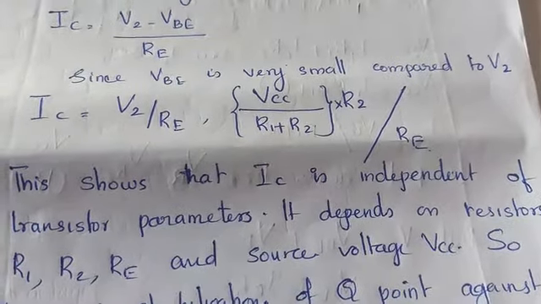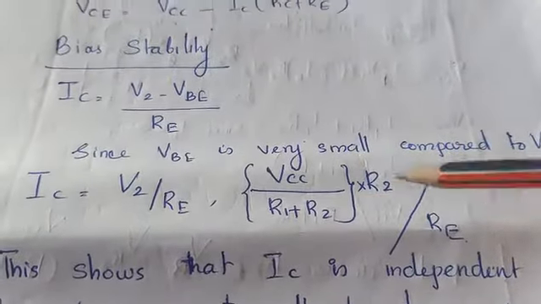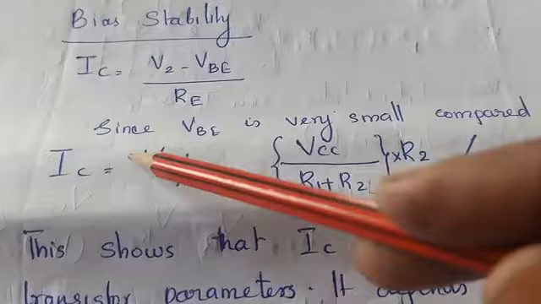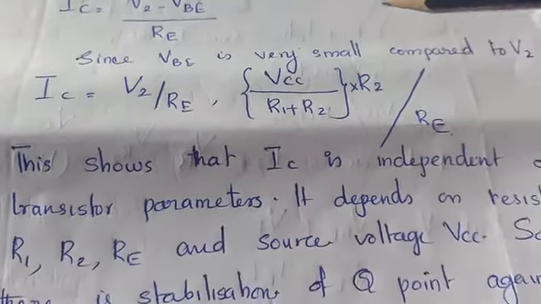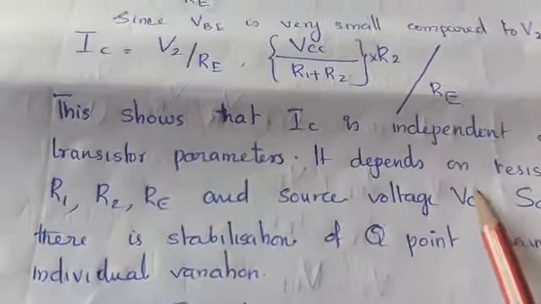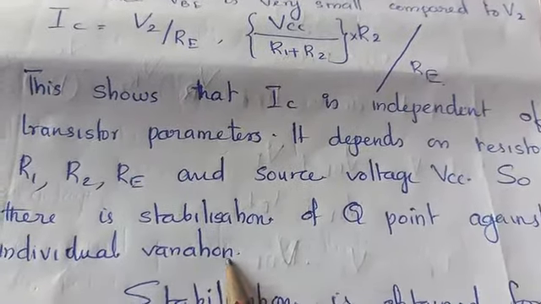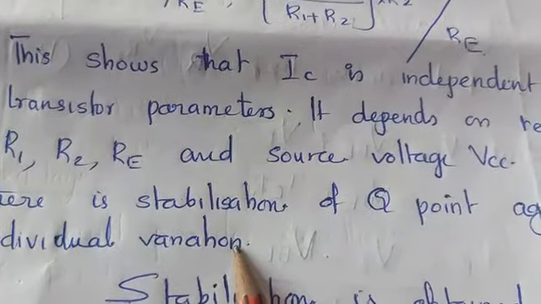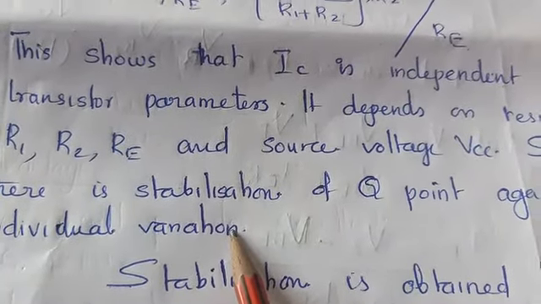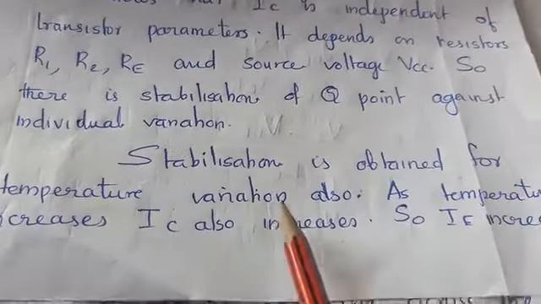Here VCC is constant, R1, R2 are constant, RE is also constant. That means IC is independent of other parameters. It depends only on R1, R2, RE and source voltage VCC. So there is stabilization of the Q point against individual variation, meaning the variation due to temperature and thermal runaway. Stabilization is obtained for temperature variation also.